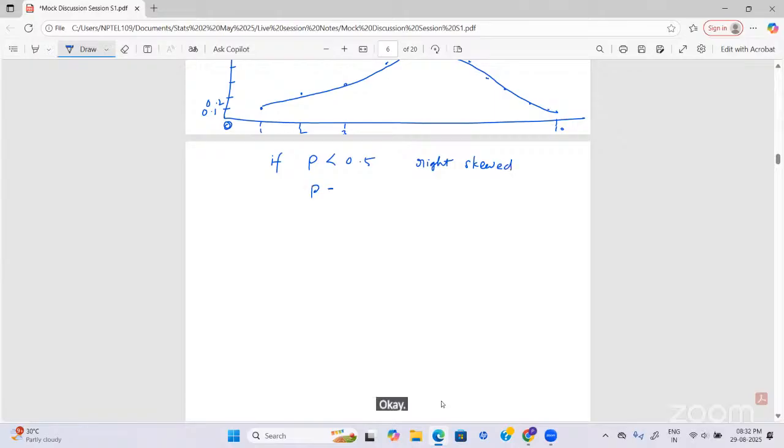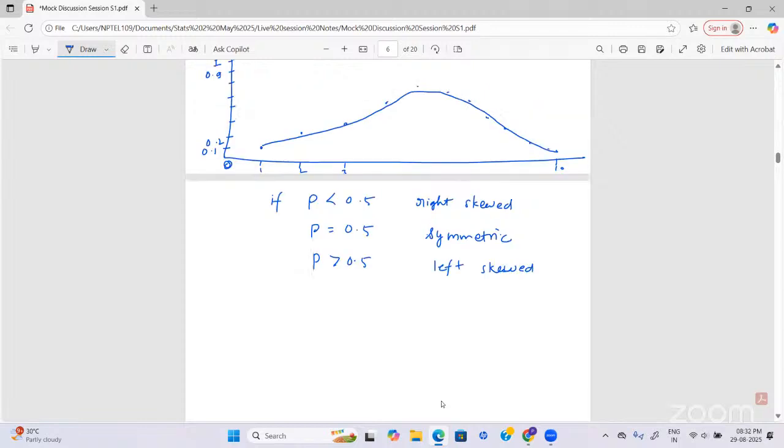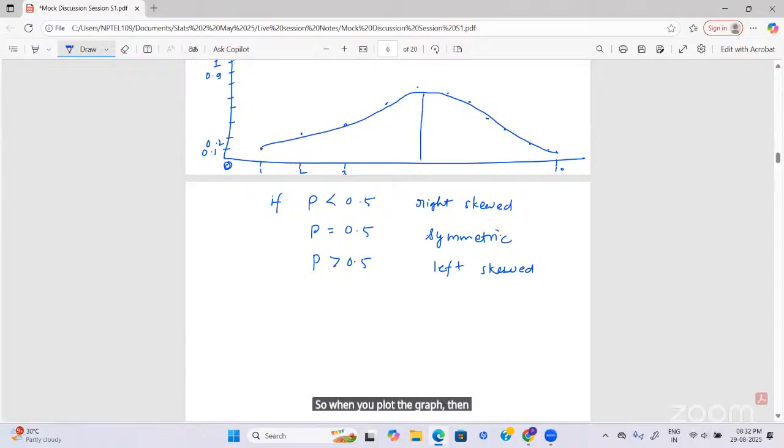If p is equal to 0.5, then it is symmetric. And if p is greater than 0.5, then it is left skewed. So when you plot the graph, you will see this kind of bell-shaped curve.